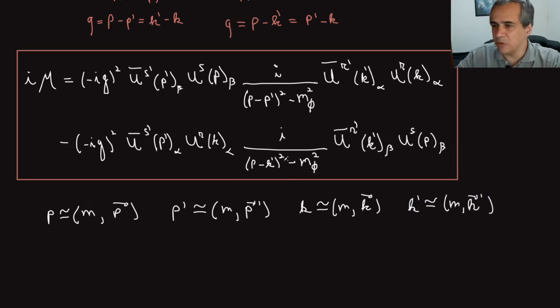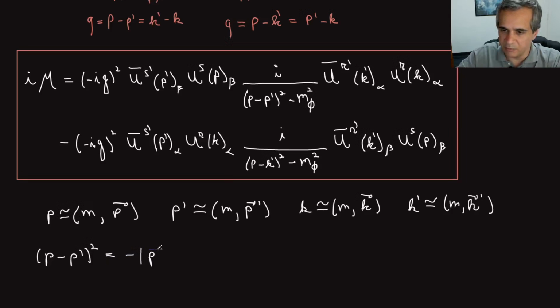And that allows me also to simplify these expressions, right? For instance, this (p minus p') squared here. In the case where the energy is just a mass, right, I'm left with just the three-momenta squared, right? The difference of three-momenta squared, because the energy part is just m minus m, right?